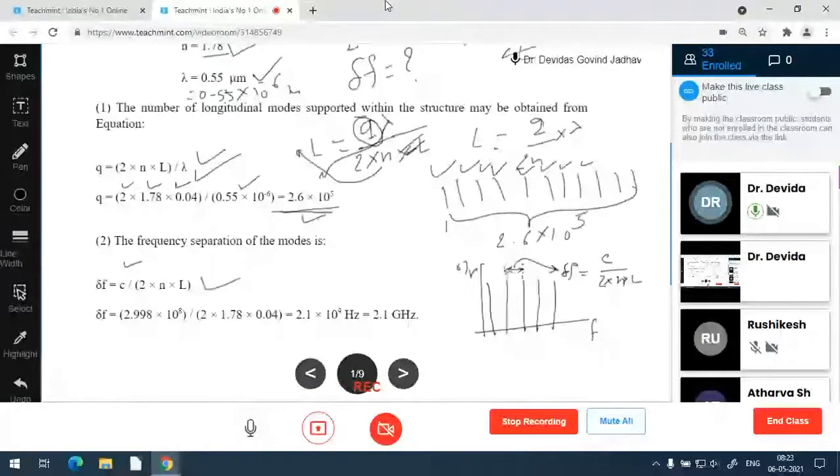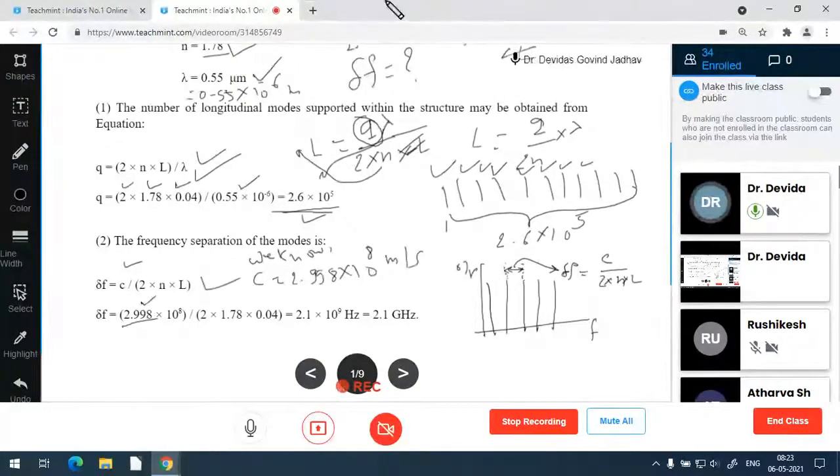So again substitution: C we know, C equal to 2.998 into 10 raised to 8 meters per second.